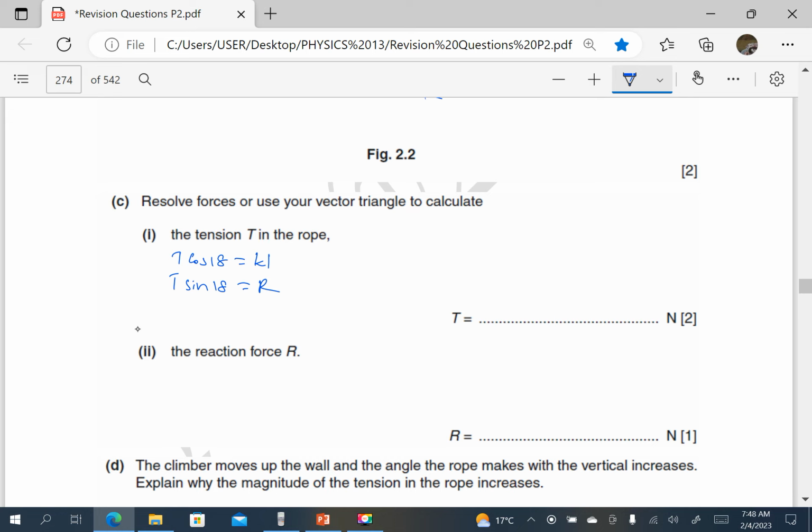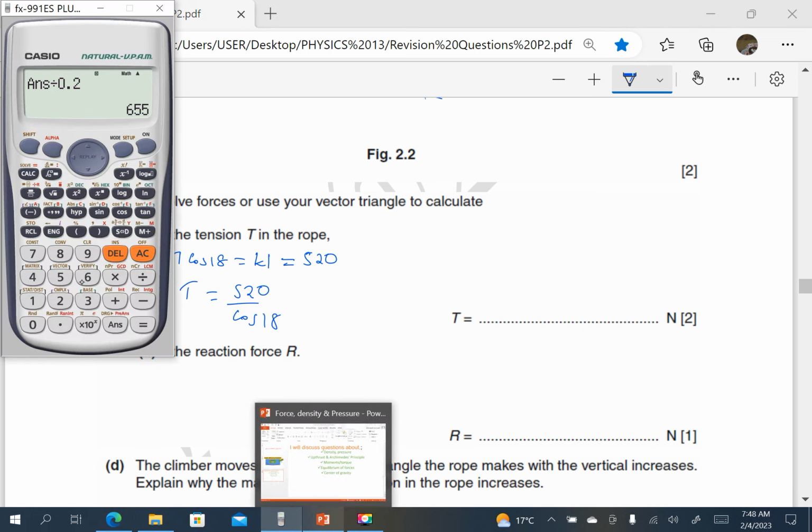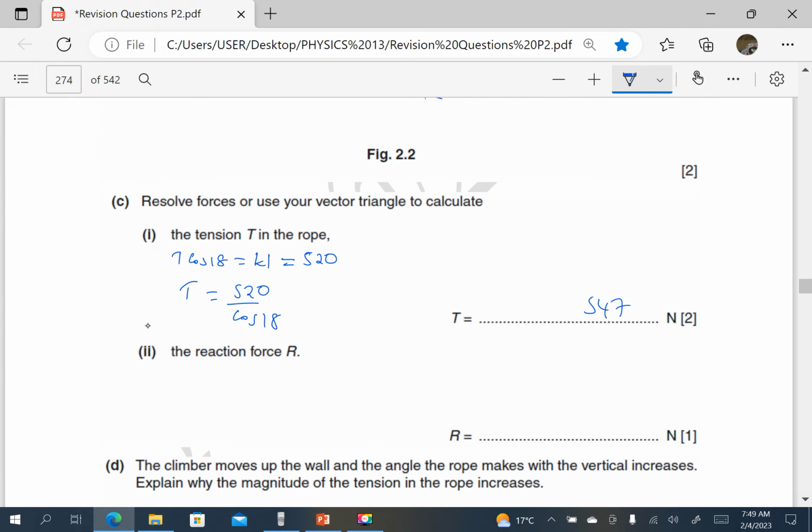Starting with T cos 18 equals W, remember W is 520. Let me first ignore the second part because it is not necessary here. So T is going to be 520 divided by cos of 18, which is 546.76, or 547 newtons.